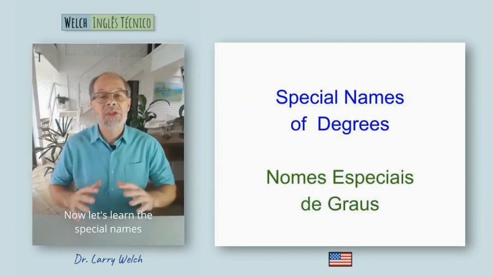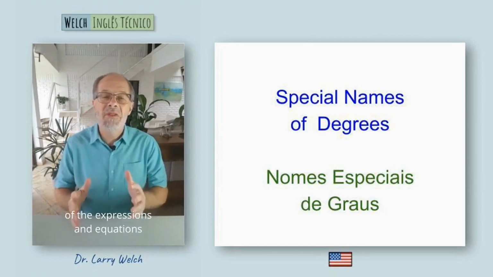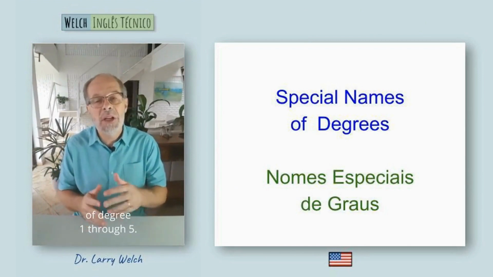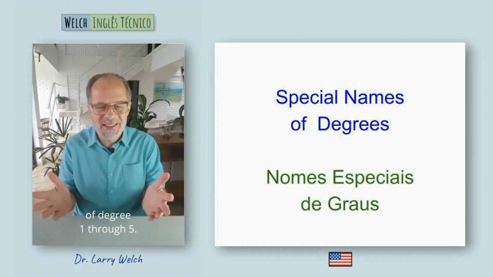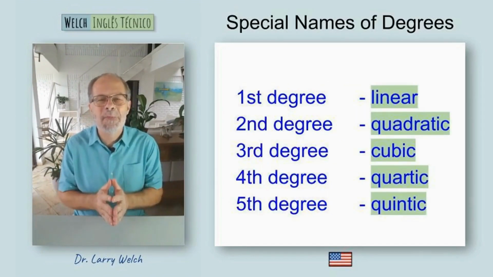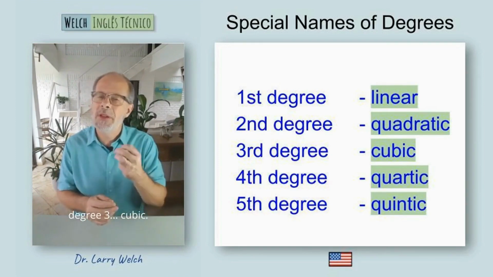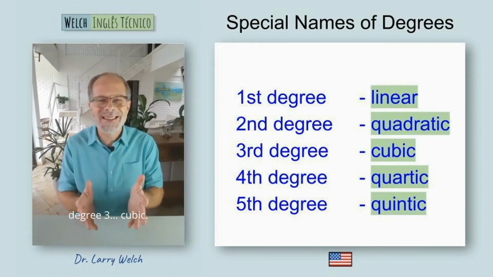Now let's learn the special names of the expressions and equations of degree 1 through 5. Okay? Degree 1, linear. Degree 2, quadratic. Degree 3, cubic.